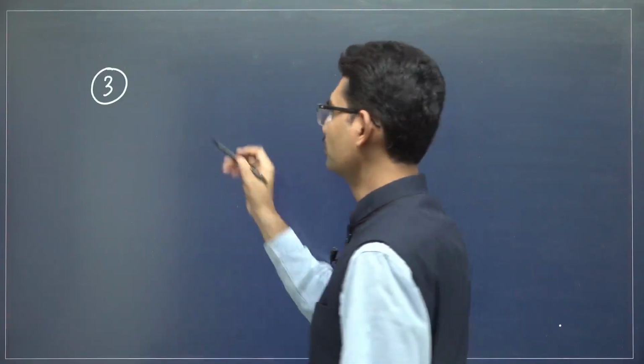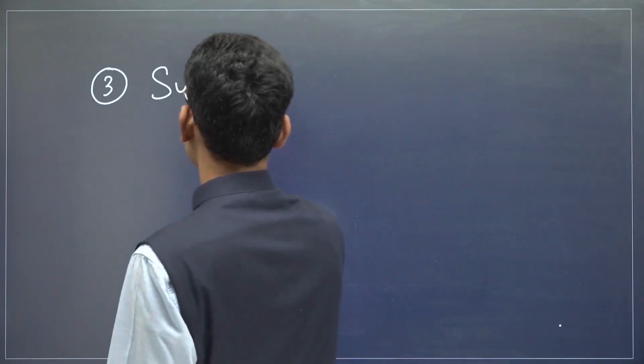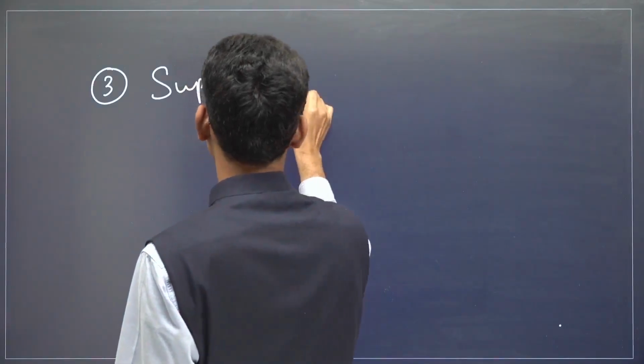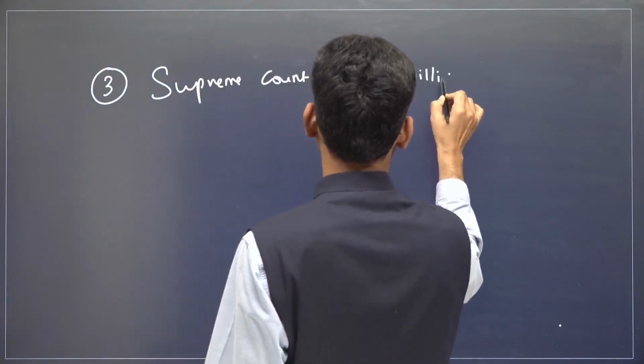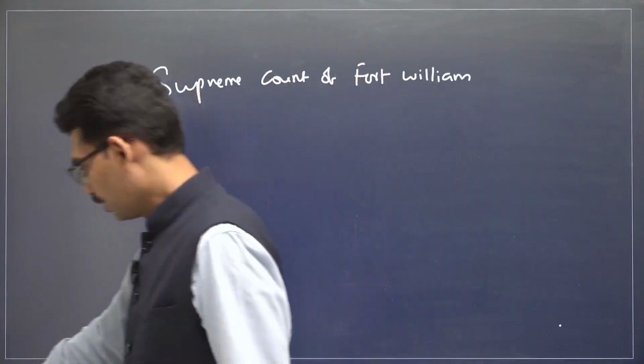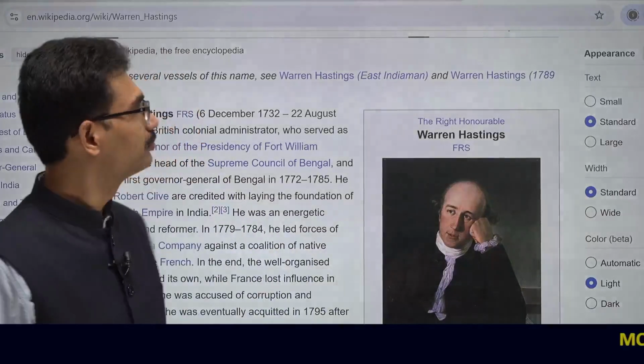Third, a court was also established. This is called Supreme Court of Fort William. All right. So now you say this.